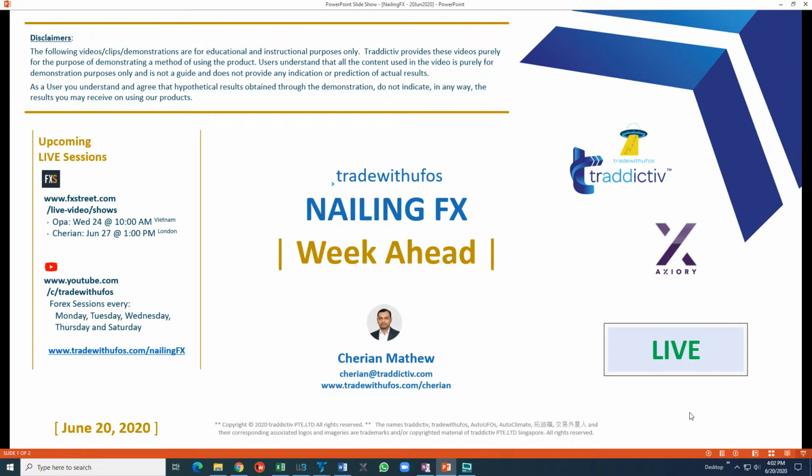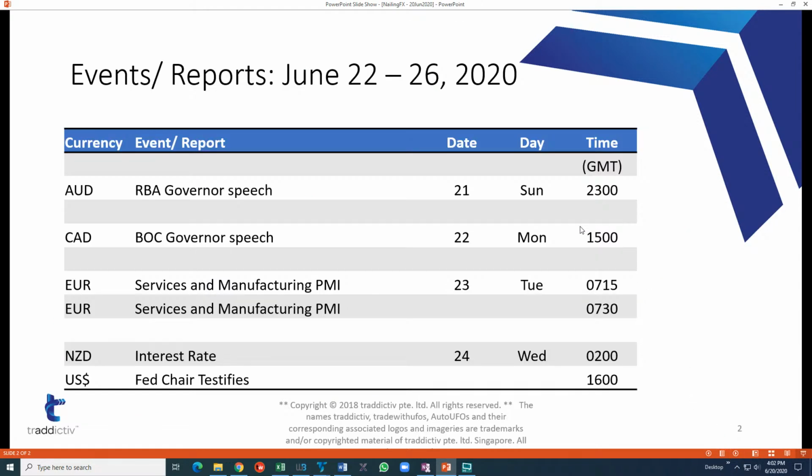Before we start, let's go ahead and look at the week ahead: what's on the calendar in terms of events and reports. This is early morning Monday in the Eastern Hemisphere; according to GMT, that'll be 2300 Sunday, late on Sunday.